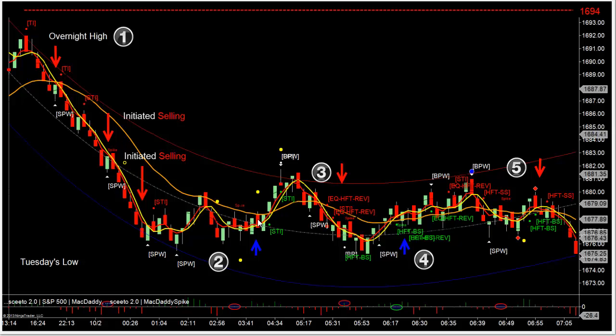The computerized trading programs ceased executing to the buy side, and the S&P traded back once more to retest support. This sequence repeated itself a second time at the market's open. The S&P traded back up again to 1682, where the initiated selling developed during the sell-off from the overnight high, and pulled back again to retest yesterday's low.